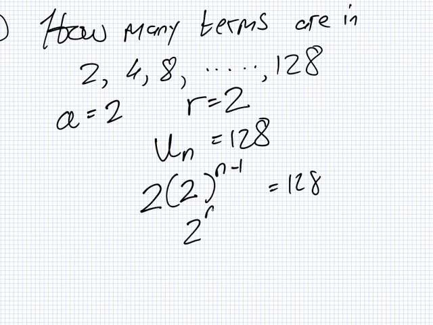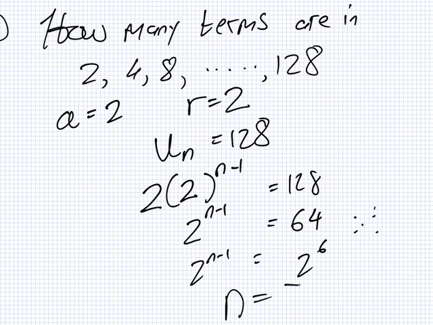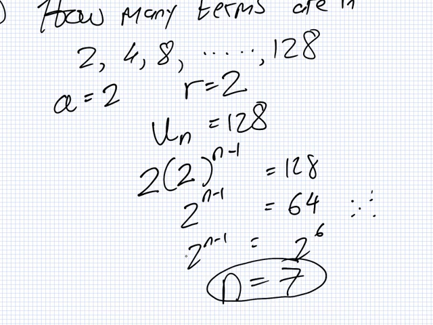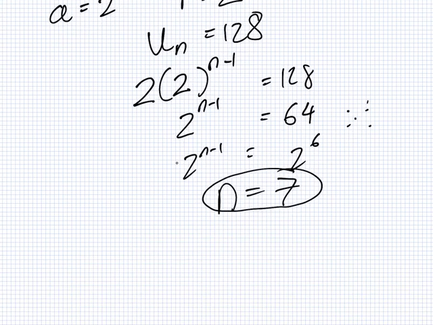That means 2 to the n minus 1 equals 64, if I divide by 2, yes? 2, 4, 8, 16, 32, 64. 2 to the power 6 is 64. Yeah, so n must be 7. Can you see now?